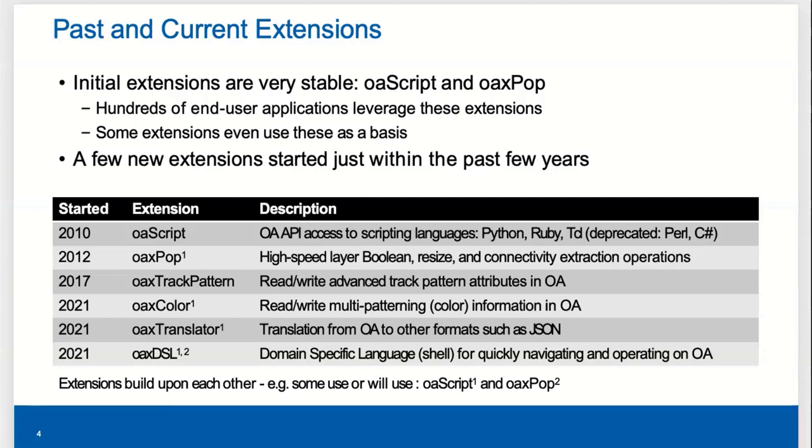And then we have a domain-specific language shell to navigate. I did want to point out the footnotes here with a 1 and 2. Those are using OA script and OAX POP. So you can see how these extensions are not only used in end applications, but other extensions can also leverage them and add even more capability.